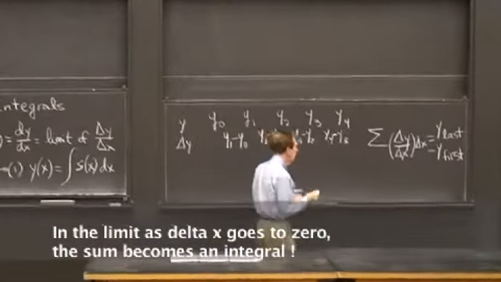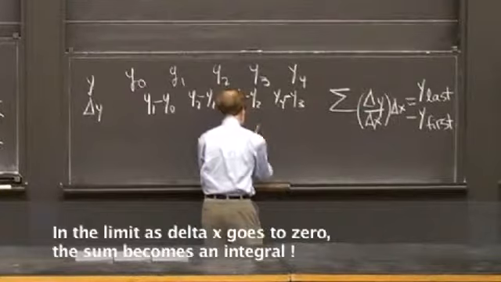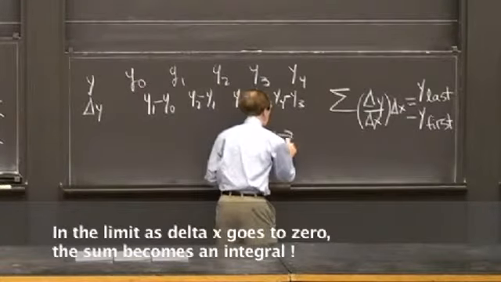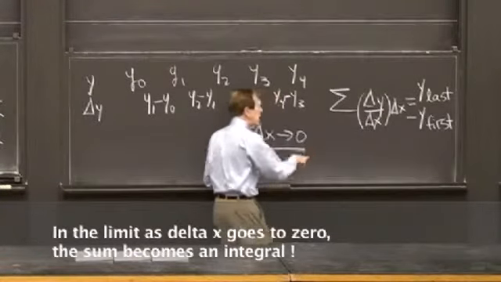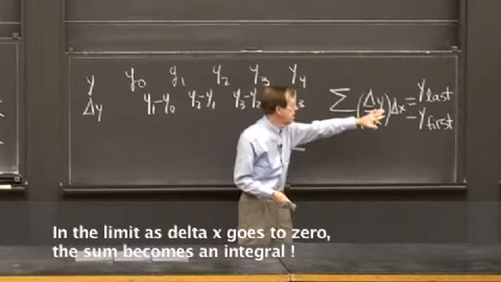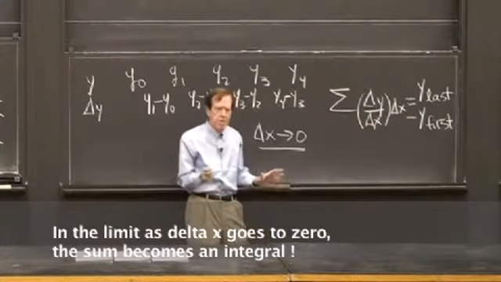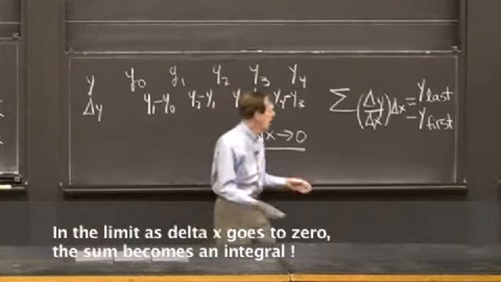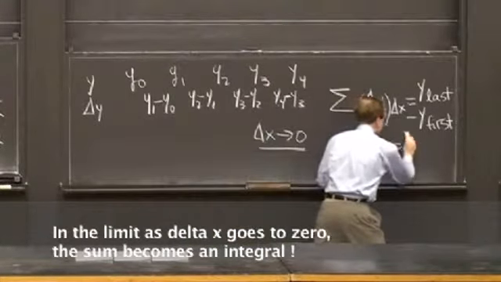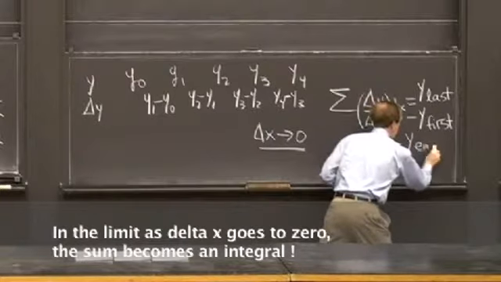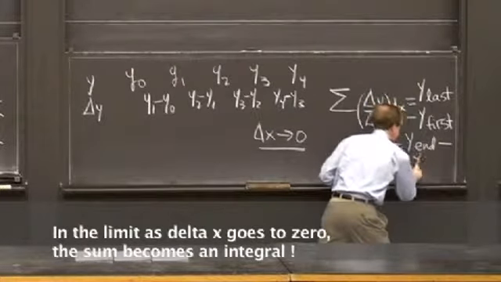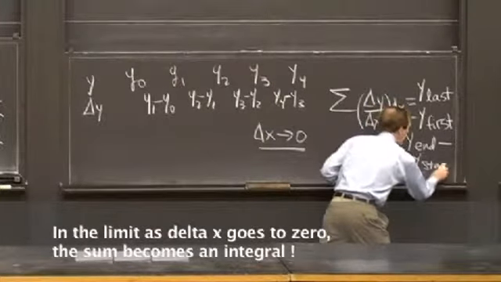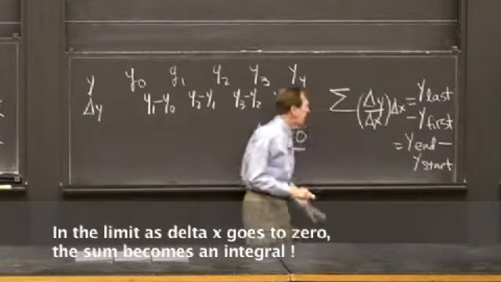So now can I jump to the way that I would write this in the limit? In the limit, let delta x go to 0. And the right-hand side, y last minus y first, is not changing. I'll write something different, y end minus y start, just to make that same point again.